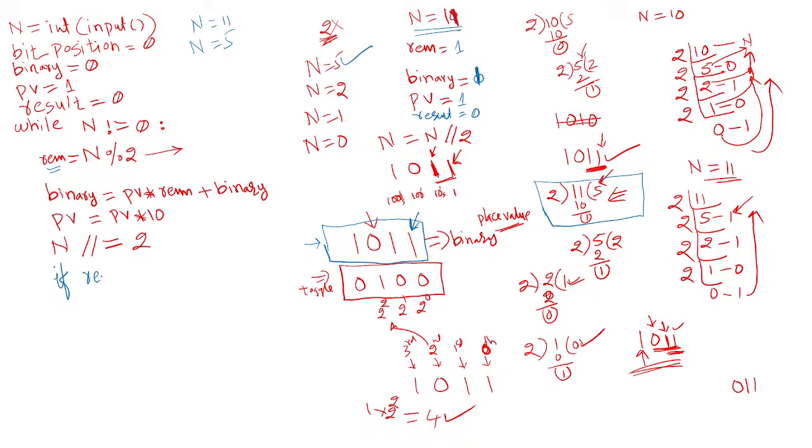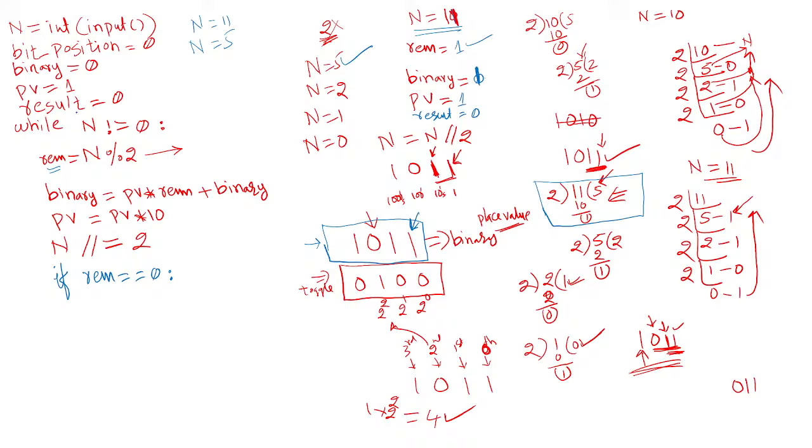If your remainder is equal to 0, we need to multiply this with the place value. That is what we said here. In this case, remainder is 1. Is 1 equal to 0? No.